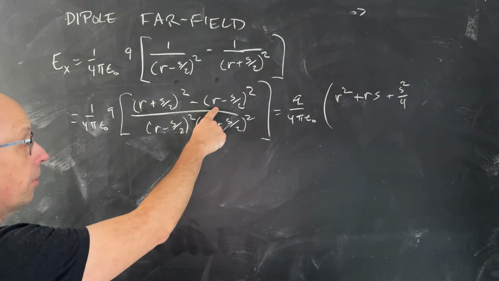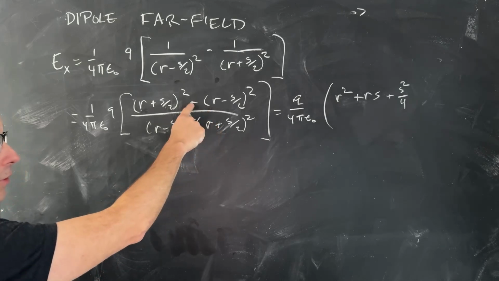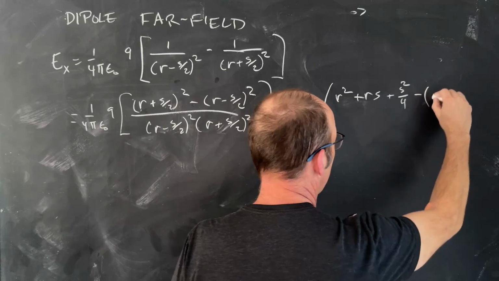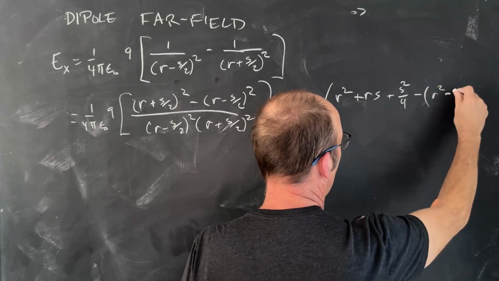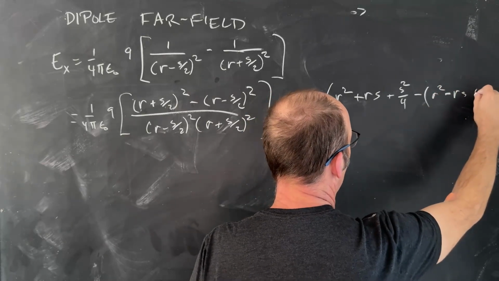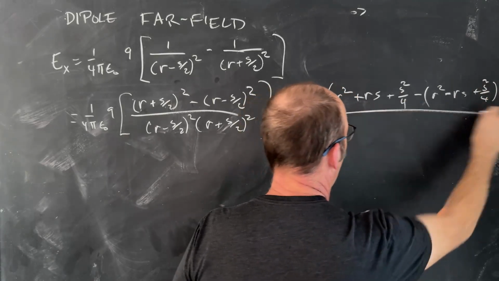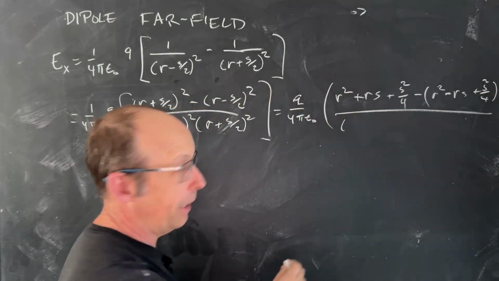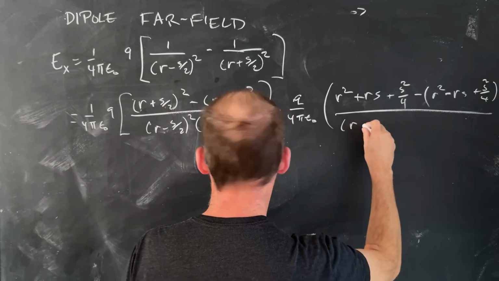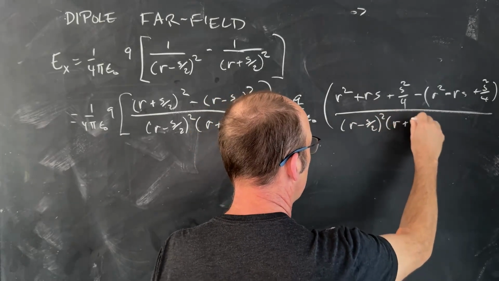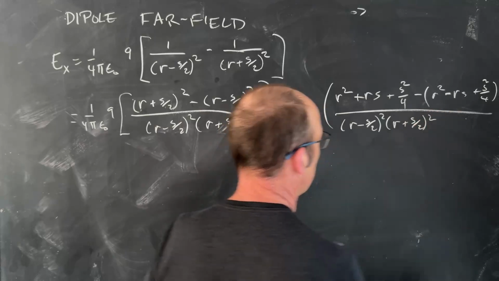Now for this term, I'm going to keep this in parentheses so I have the minus sign. So I have minus, and then I have r squared, and then I have minus rs, and then I have plus s squared over 4. All of that over r minus s over 2 squared, r plus s over 2 squared.